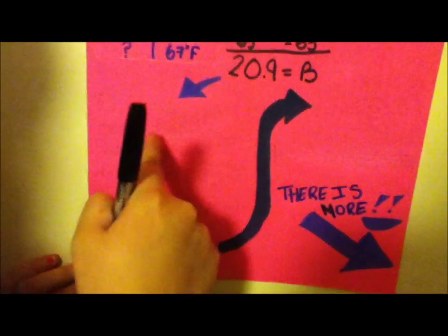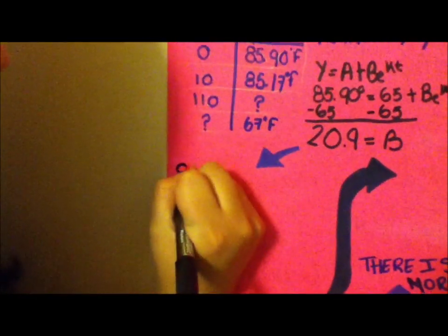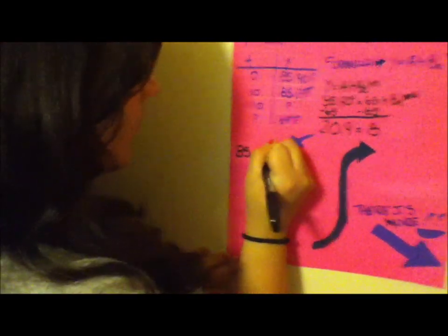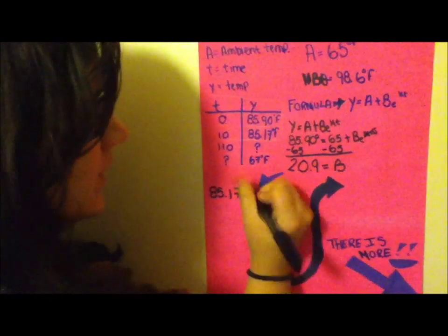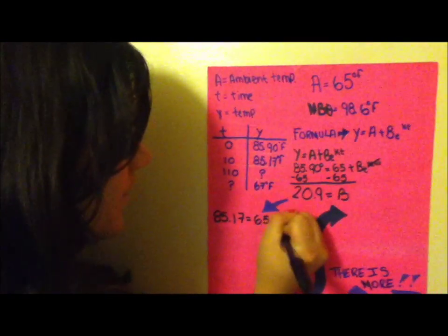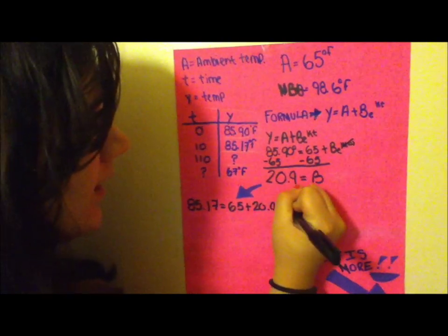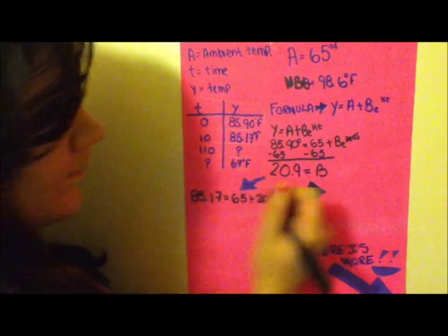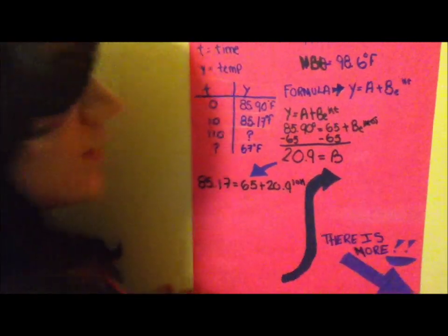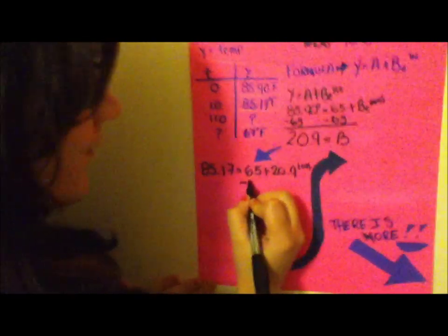So then we follow to our next arrow to continue. We already know our B, so we can plug it in. So our new Y would be 85.17 equals 65, our ambient temperature, plus 20.9, our B, e to the 10, our T, times K, which is what we'll be finding today. So we subtract 65 from both sides.